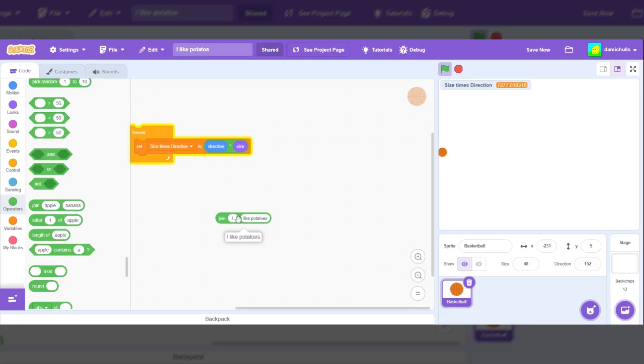If you're using this, remember to add a space in one of the inputs. If you don't add a space there, it will run together. I like potatoes.